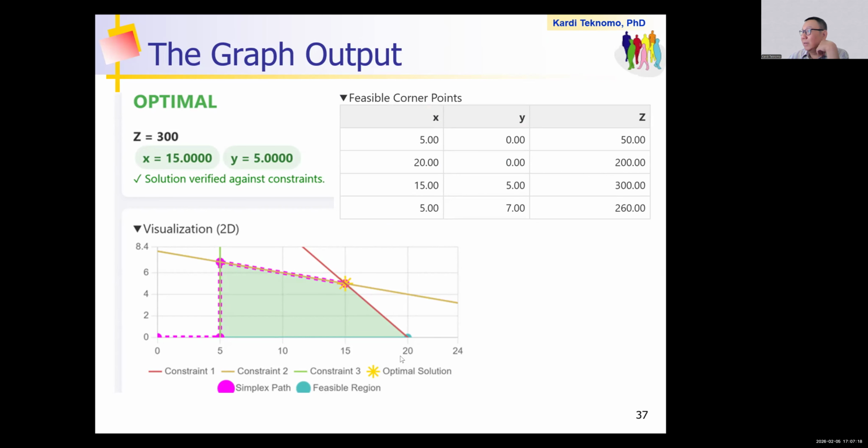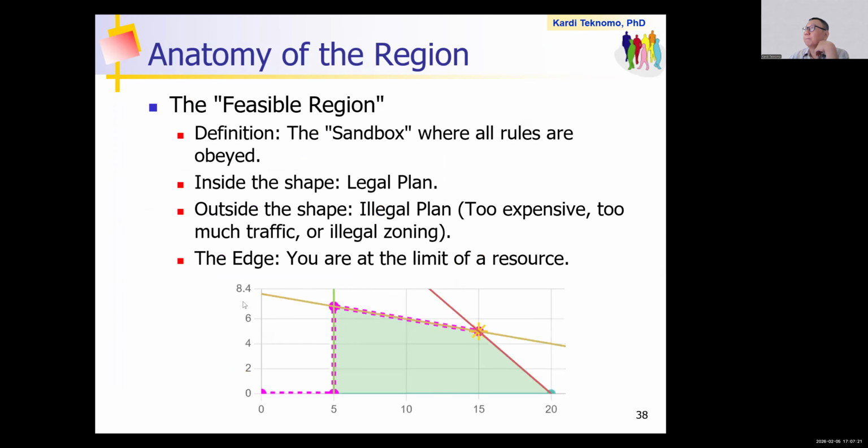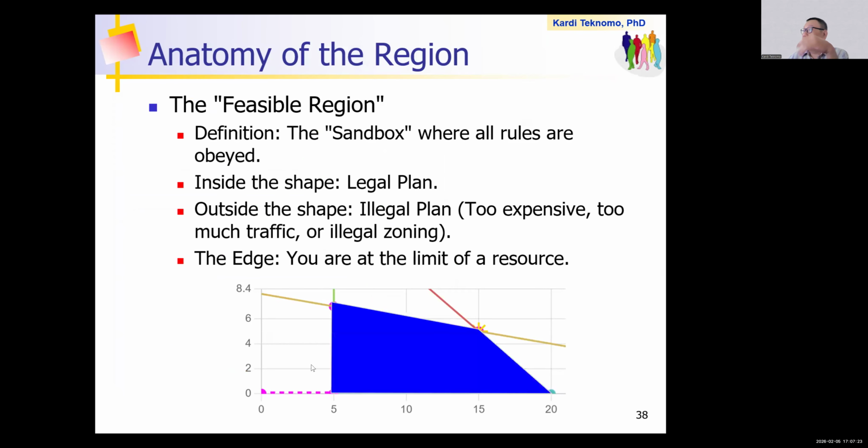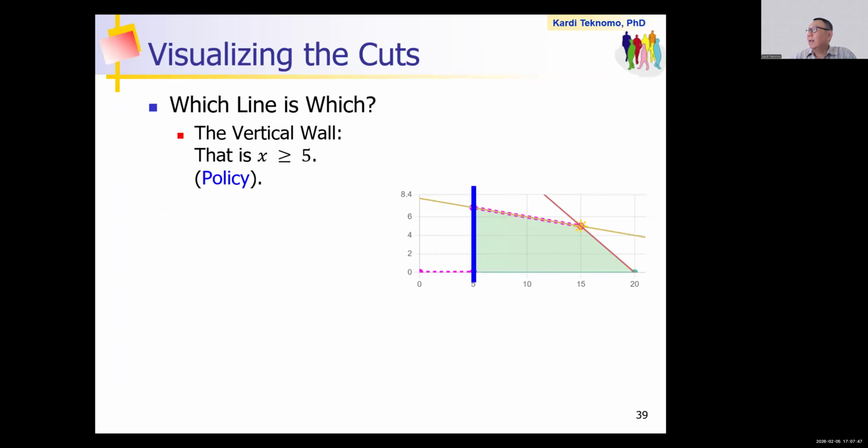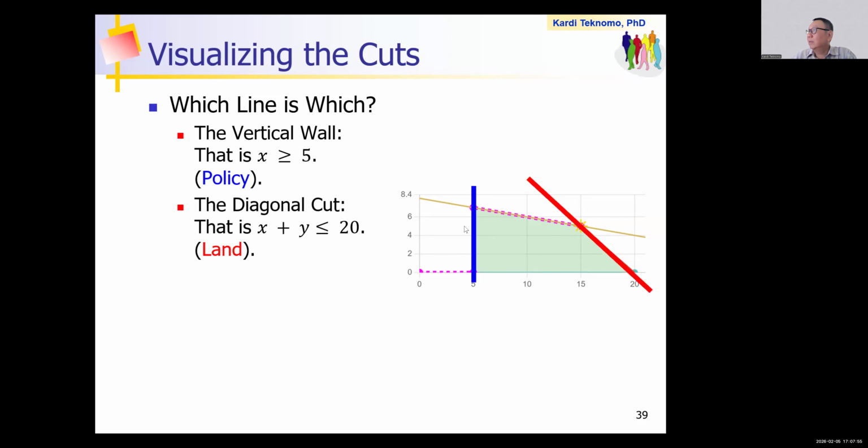These are the points in the corners, and the corners create a boundary, the feasible region. It is a kind of polygon, and usually the optimum value is at a corner point. Each line represents a constraint that we put in, and this one is the policy constraint based on the law.